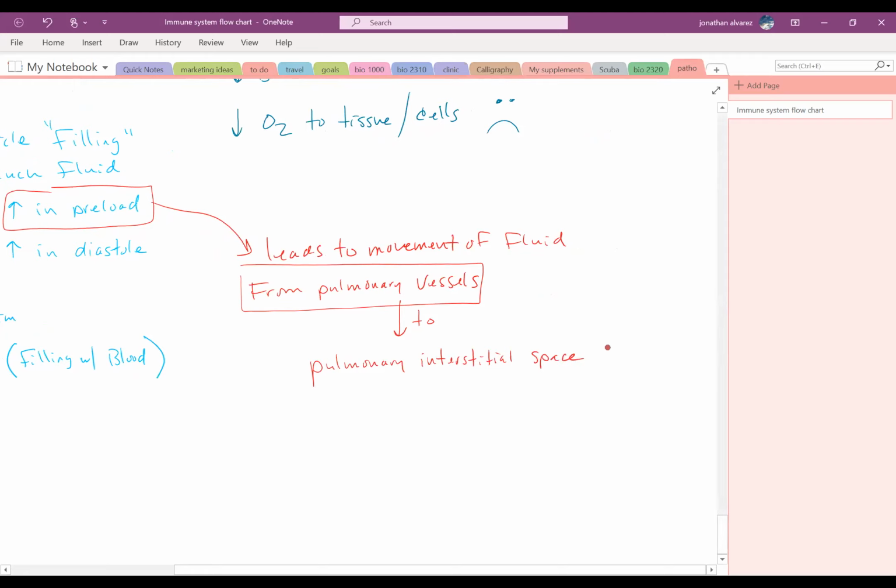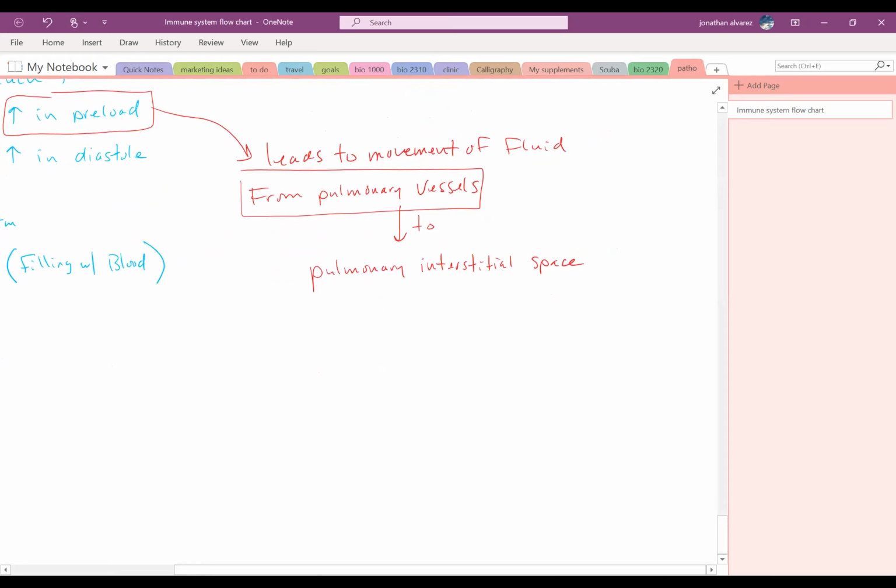Okay. And so in other words, you're getting fluid in the lungs where it doesn't belong. Right, you're getting fluid into the lungs where the fluid does not belong. All right. So once fluid starts to get into the interstitial space, then fluid is going to start to get into the alveoli.